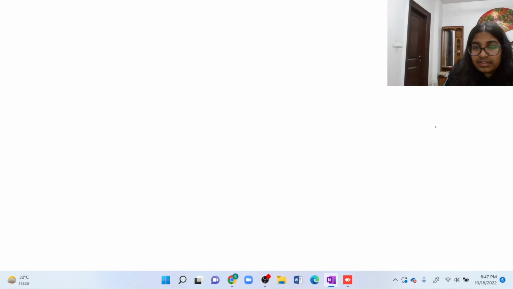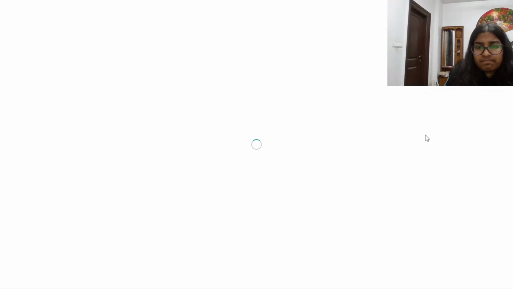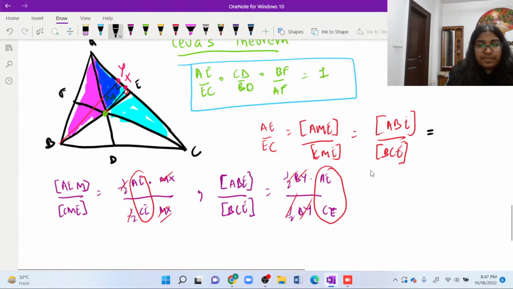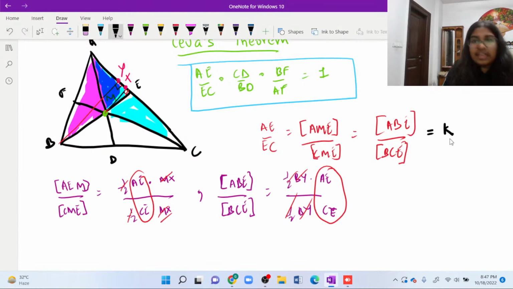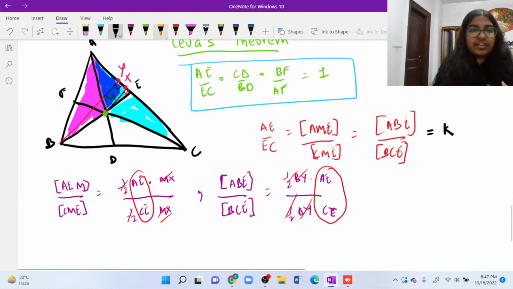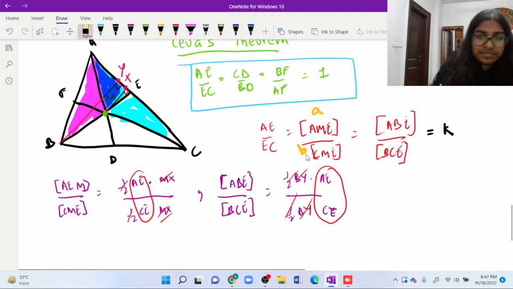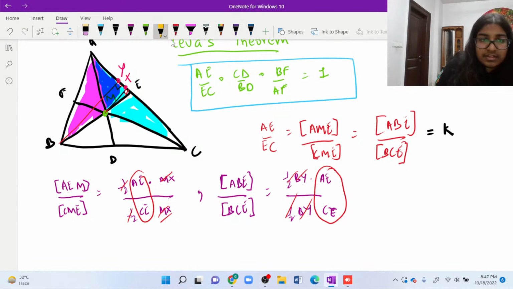Let this ratio be K. So to make writing easy for me, let this area be A, this be B. Let this be A, so this is AK, this be B, so this is BK.